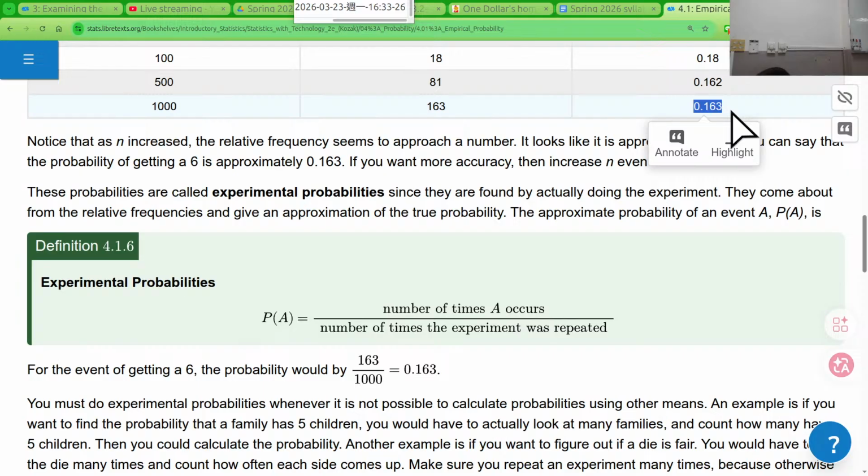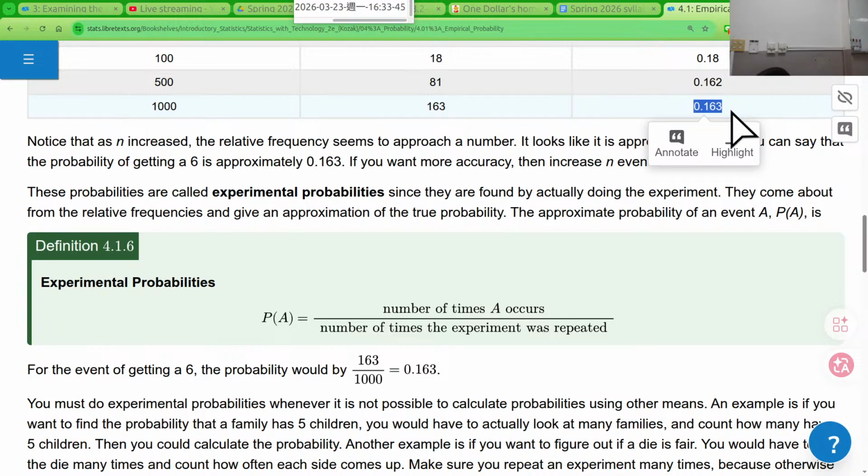If the die is a fair die, with 1 point, 2 points, 3 points up to 6 points, theoretically the probability of any one coming up is equal.